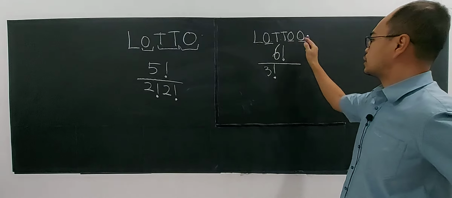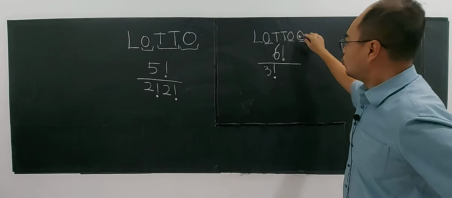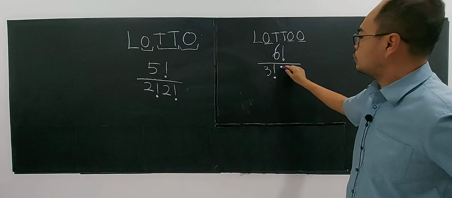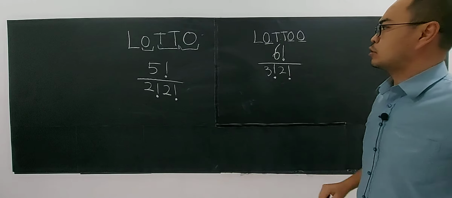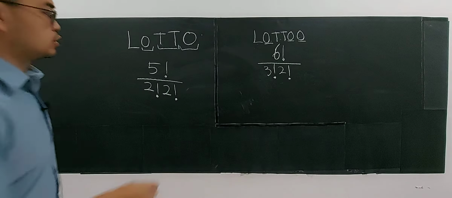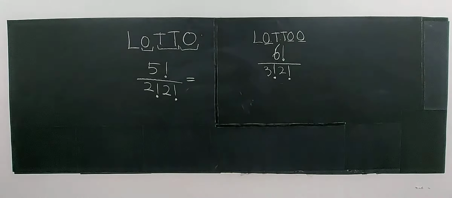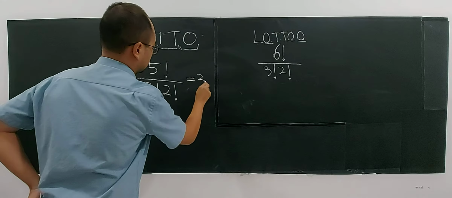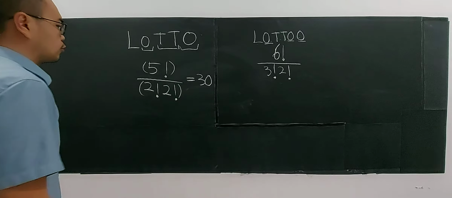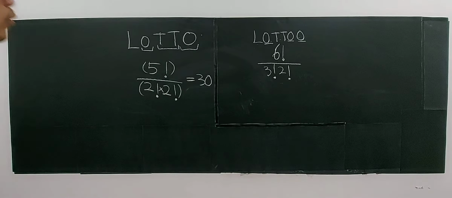For the O, I divide by 3 factorial because there are 3 identical ones. And for T, we have 2 factorial. Then I get the number of arrangements I want. For lotto, this is actually 30, using a calculator: 5 factorial divided by 2 factorial times 2 factorial.